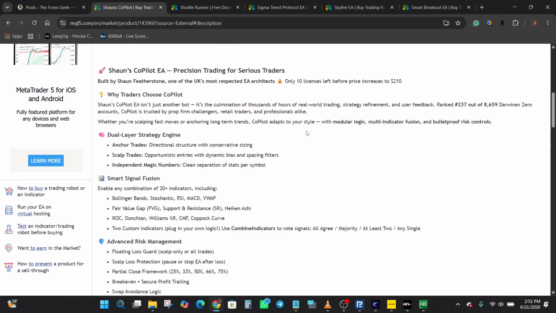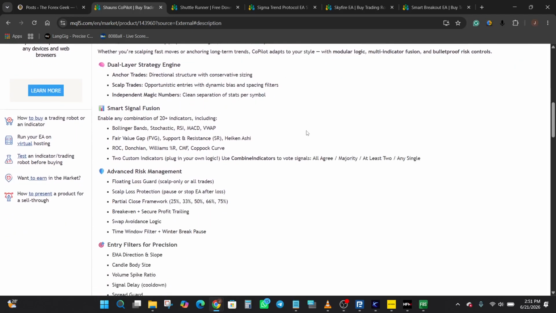The second component is scalp trades, which are designed to capture shorter term opportunities while using additional bias and spacing filters. The EA also separates trading statistics through independent magic numbers, making it easier to monitor performance across different symbols.